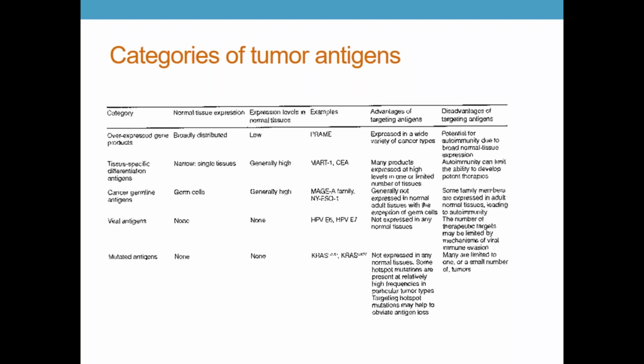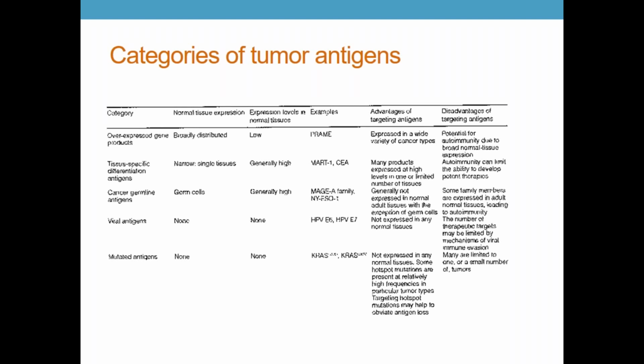The reason is that they're normally expressed in testes, and there's no MHC presentation group in the testes, so these antigens are normally not presented during fetal growth, so that the body doesn't become tolerized to that.